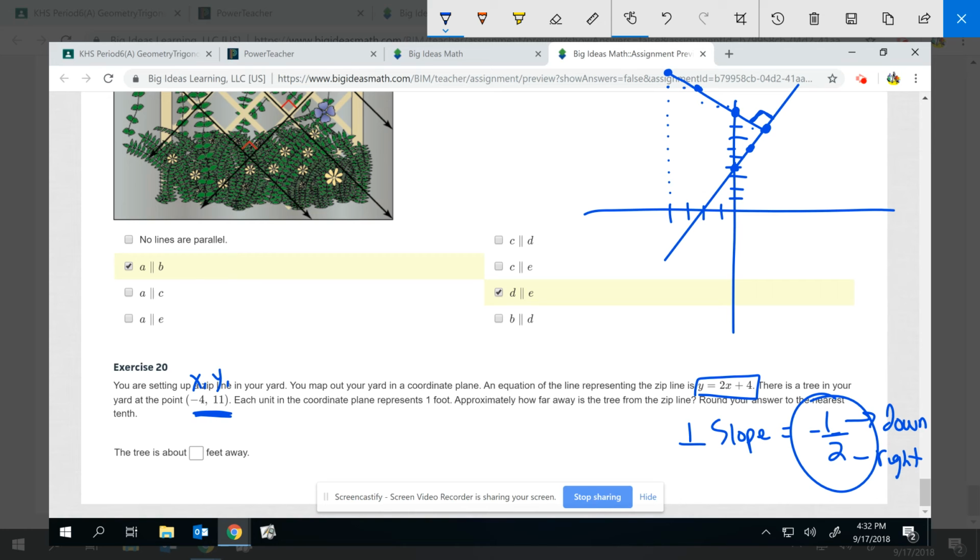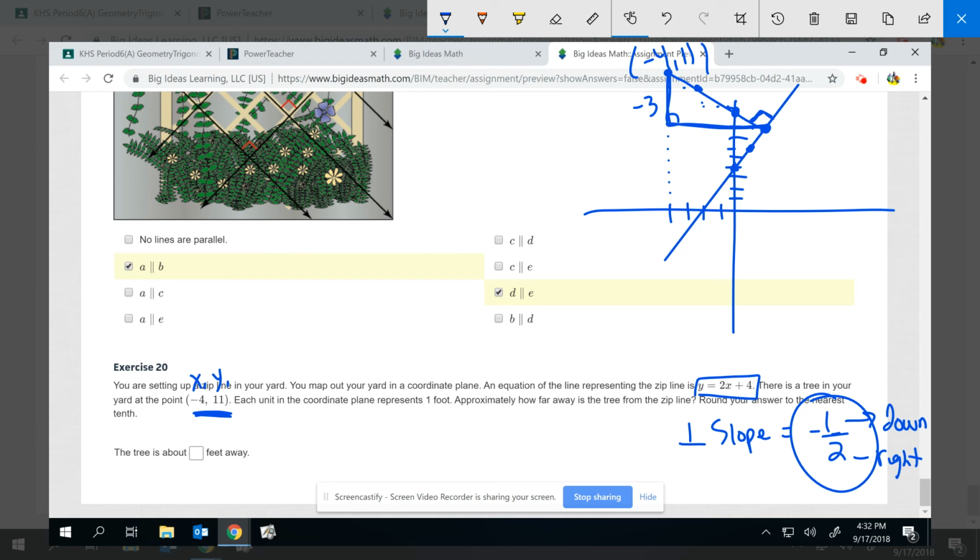So we just need the distance. Our a squared plus our b squared equals c squared. So we went down 1 over 2, down 1 over 2, down, so we went down 3. And we could look at the coordinates. We know this coordinate is negative 4, 11.